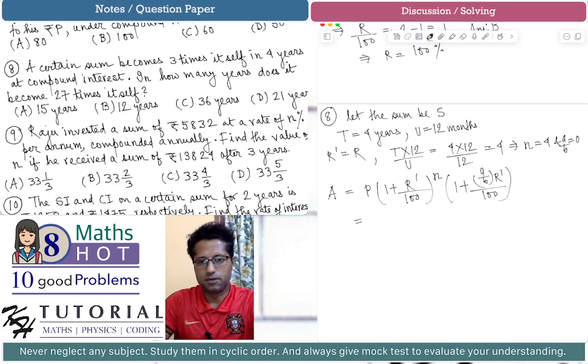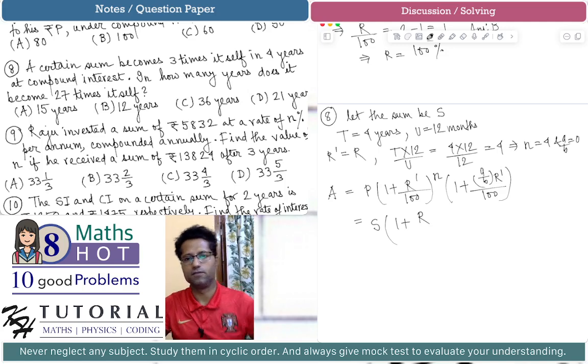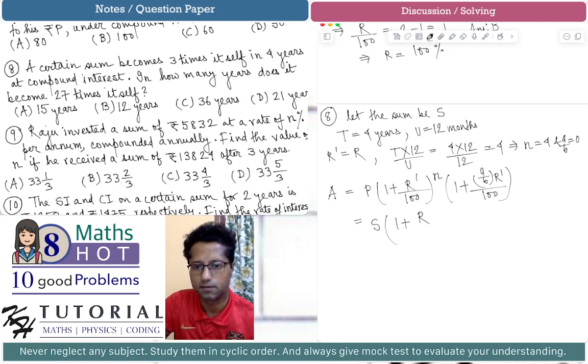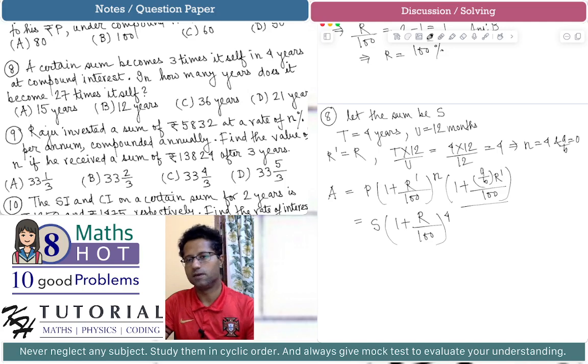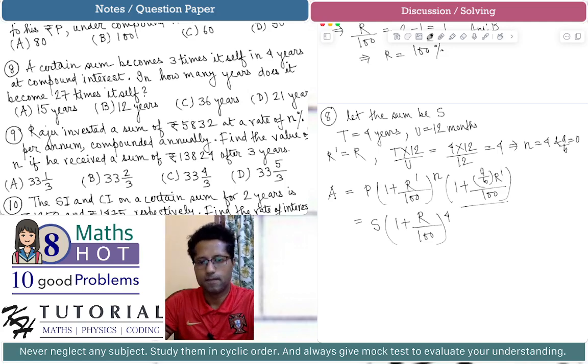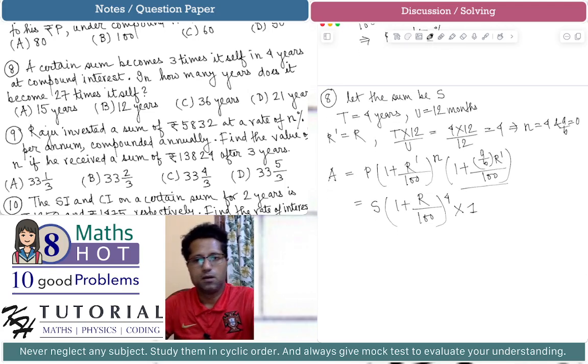Now, as per the data in this problem, we have assumed the sum to be S, so P will be S, and R' is R, that is the rate of interest. Even though it is not given, we are assuming the rate of interest to be R. This n is 4 and this part will be 1 because the fraction a by b is 0. Now it is given that a certain sum becomes 3 times itself in 4 years at compound interest.